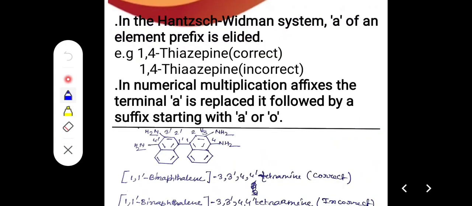Next, in the Hantzsch-Widman system, the A of an element prefix is added. Sometimes A is also omitted. Suppose 1,4-thiazepine: it is the combination of 1,4-thia plus azepine.